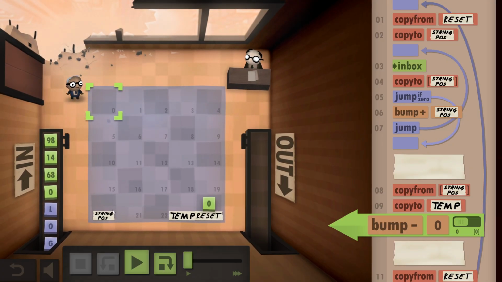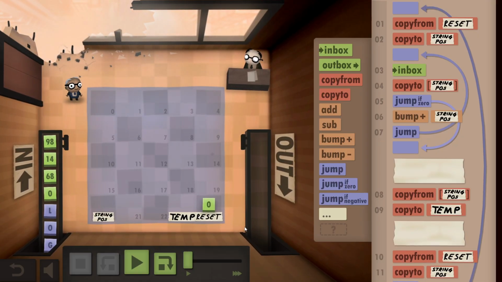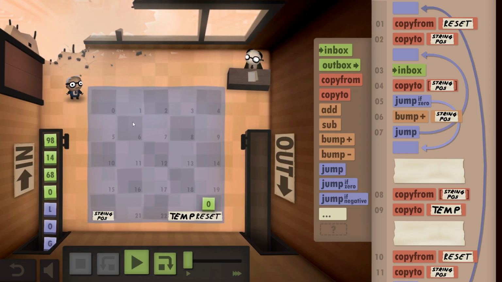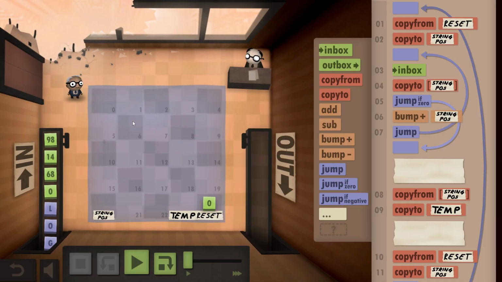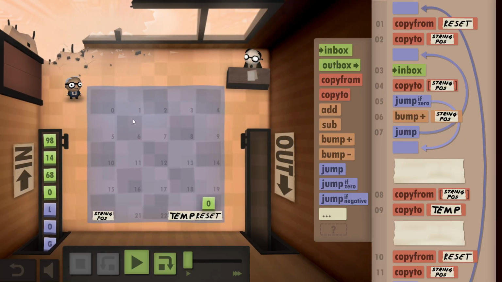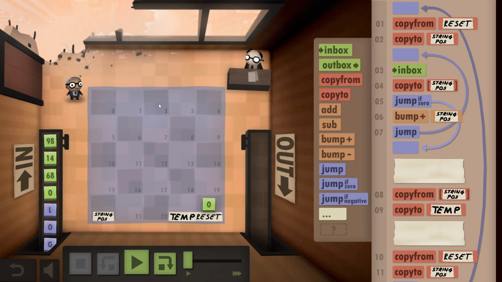We need the secondary, but like string position and check position, right? Because what's the point? So I check it. We decided that there is no need to move.